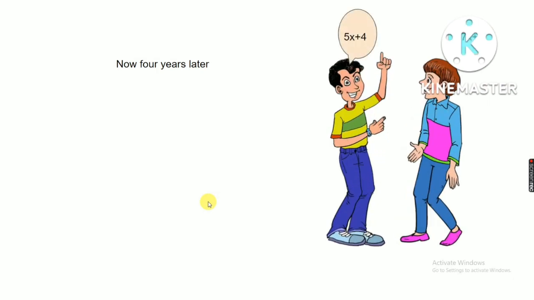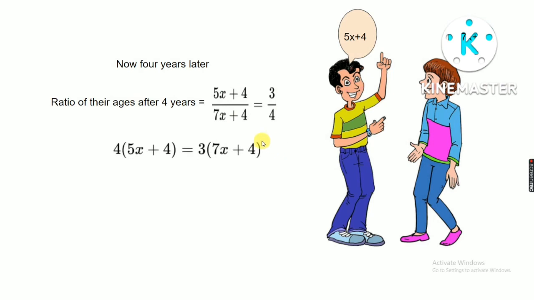So now the ratio of their ages after 4 years is equal to 5x plus 4, this is the age of Hari, and 7x plus 4, this is the age of Harry. This would be equal to 3/4. Now we would cross multiply them as we have done in the last question.